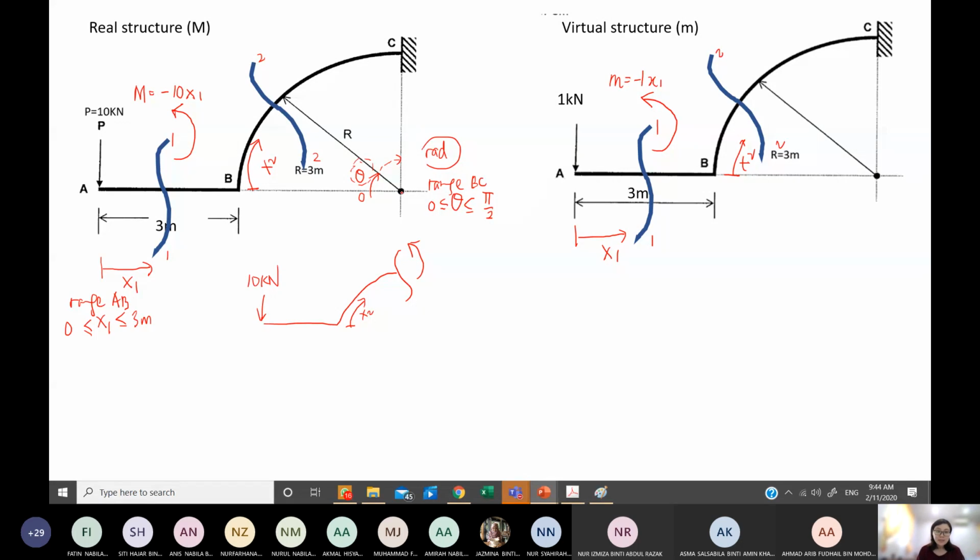For example, the distance perpendicular to the loads from this 10 kilonewton to this one is this distance. So now we need to get the length here, this one. How to get it?